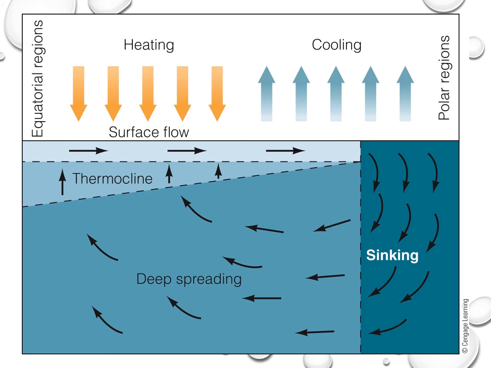So in the polar regions, the water is sinking and then it starts to spread. And you can also see that the surface water coming towards the polar region is warmed by the equator. So that sinking and that supply of warm water that's slowly cooling as it reaches the polar regions is driving the thermohaline circulation. So this is the classic model of pure thermohaline circulation.